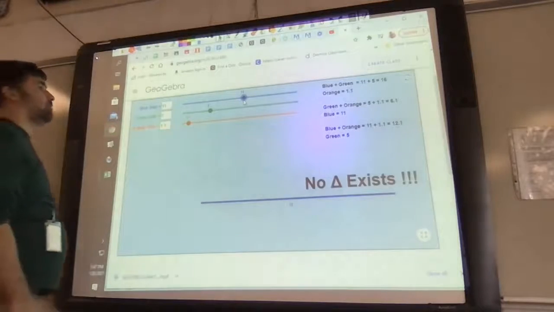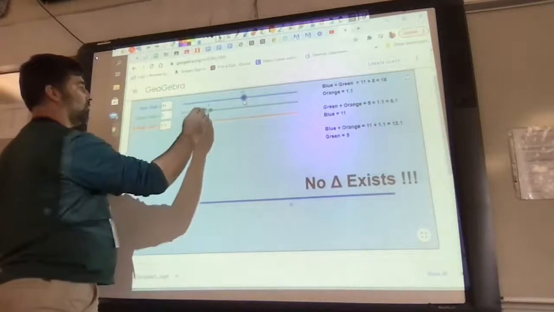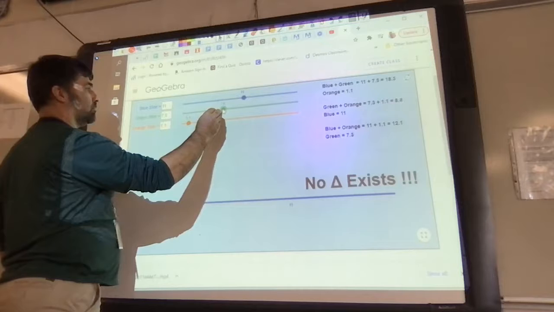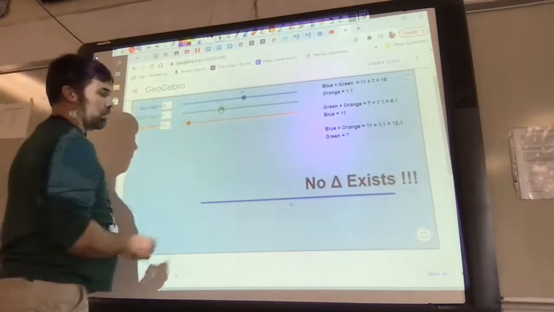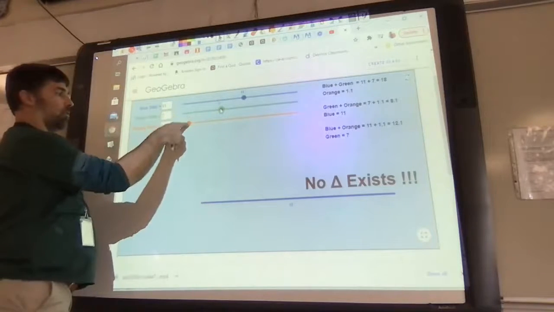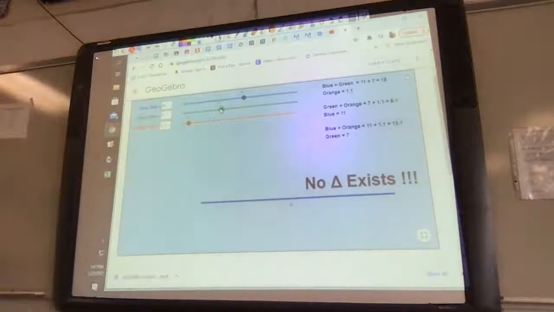Favorite number, Yoshi? 7. Okay, what does this orange side have to be to make a triangle? Give me something. 5. What's the smallest number it can be?